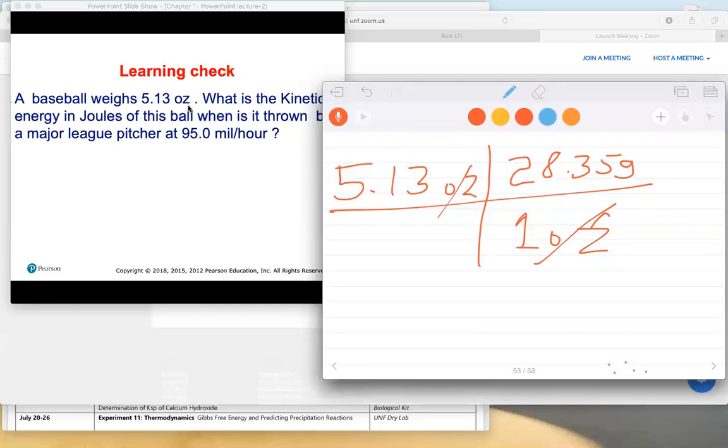I want to get rid of grams and remain with kg. So 1,000 grams is in 1 kg. We want to cancel grams with grams so that we end up with our mass in kg. Multiply everything at the top, 5.13 times 28.35, divided by 1,000.